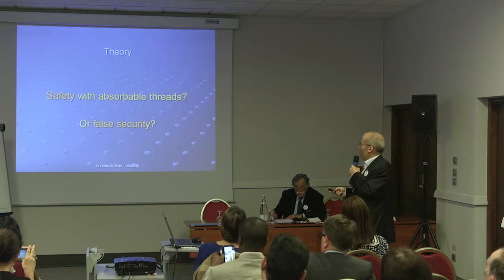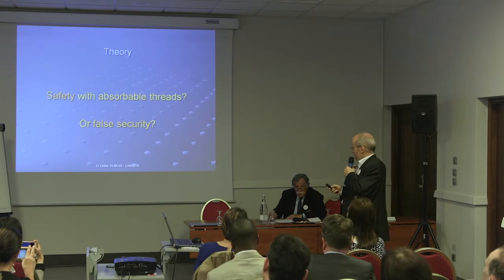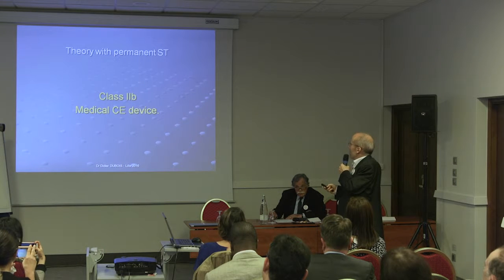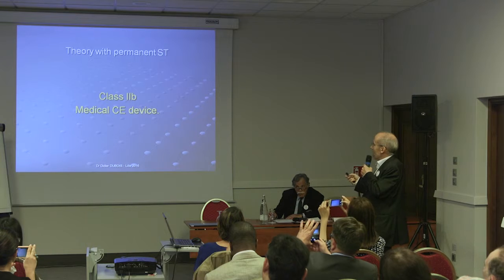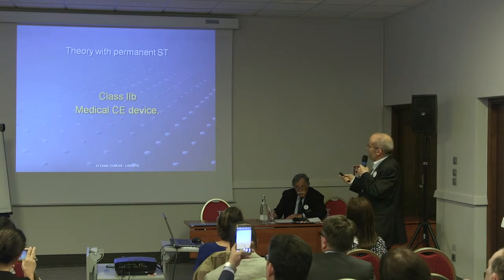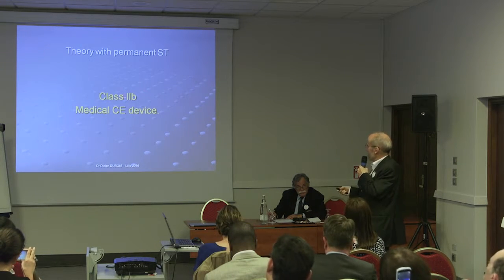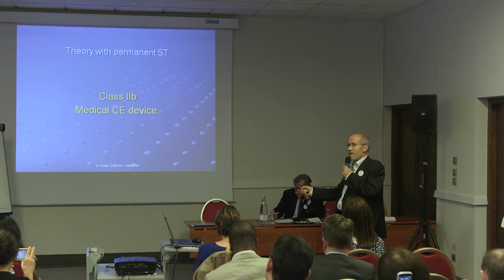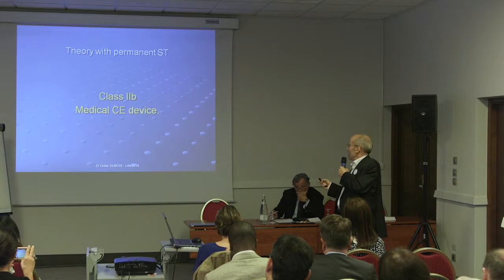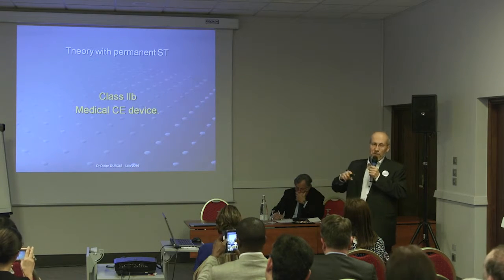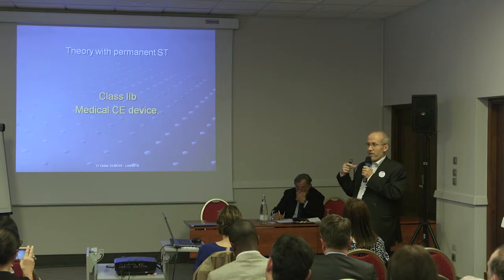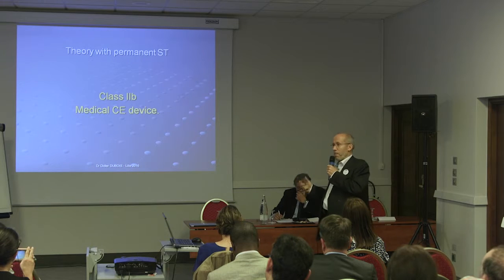Because permanent threads such as spring threads are certified medical CE devices, and they are class 2B. What does that mean? Class 2B means they are safe, they are neutral, they do not interfere with the body, with the skin. So they are completely neutral.